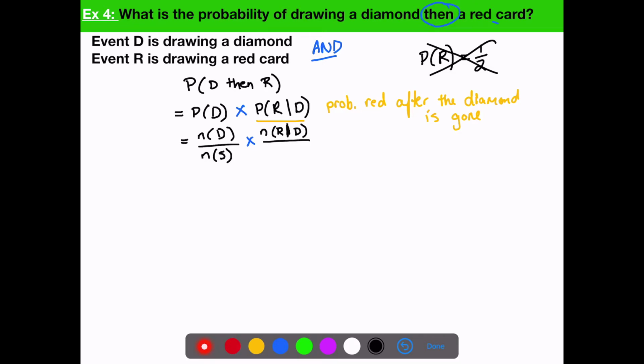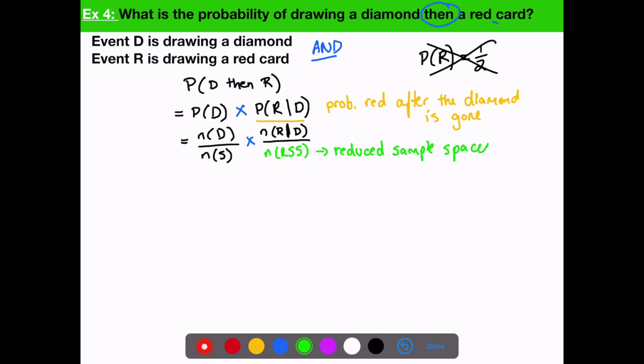Now, if we've already pulled out a diamond, that means I no longer have the 52 in my NS. So I'm going to call this reduced sample space, NRSS. And basically what that means is just what's left after you've done the first particular piece of the experiment, after you've drawn the first card, what's left?